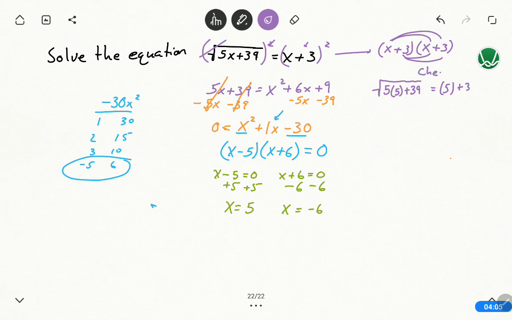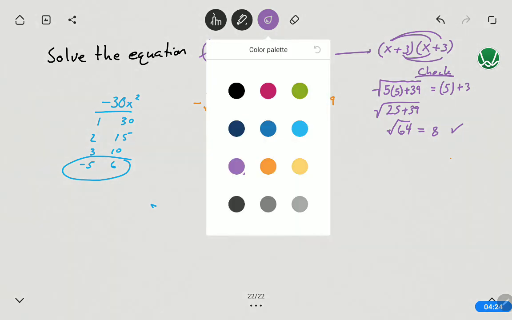That's my check off to the side. So 5 times 5 is 25, plus 39, 64. Is the square root of 64 equal to 5 plus 3, which is 8? Yes, it is. So 5 is indeed an answer.